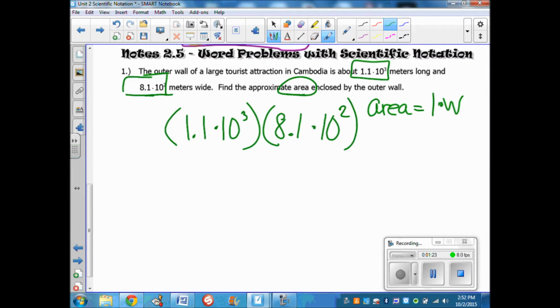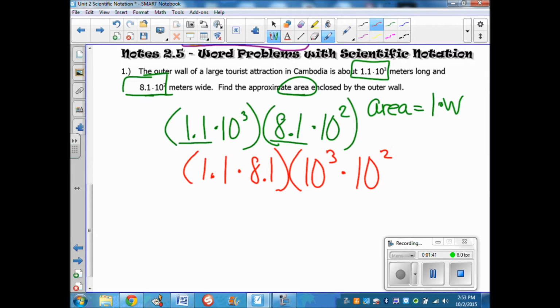So now we just have a multiplication problem. We know we need to multiply coefficients together, so I'm going to rewrite the coefficients next to each other, and then we multiply the powers of 10 with each other.